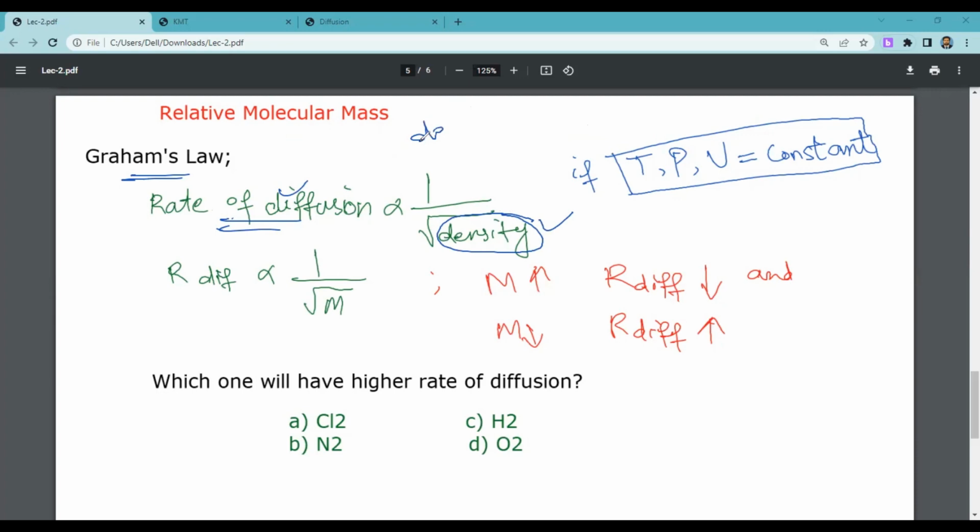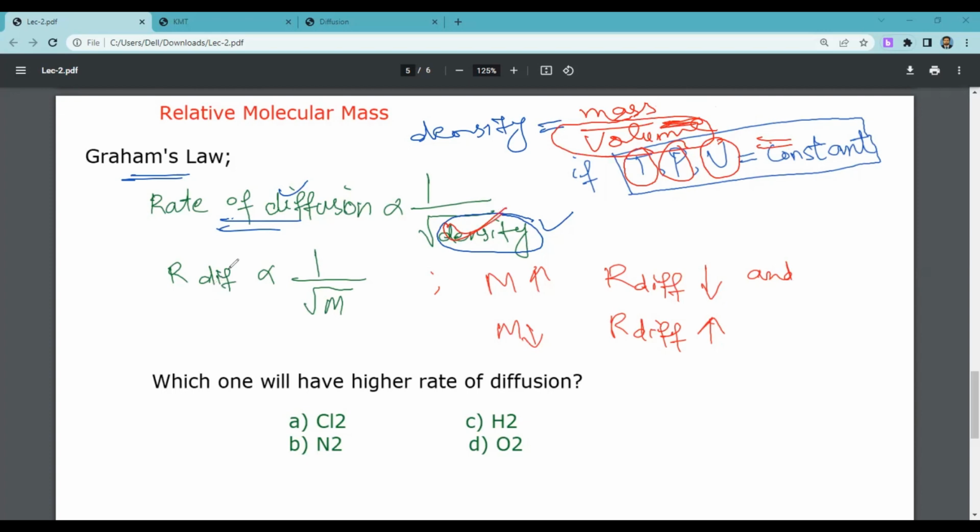We know that density is equal to mass over volume. Graham's law holds when temperature, pressure, and volume remain constant. If volume remains constant, we can simply ignore it.